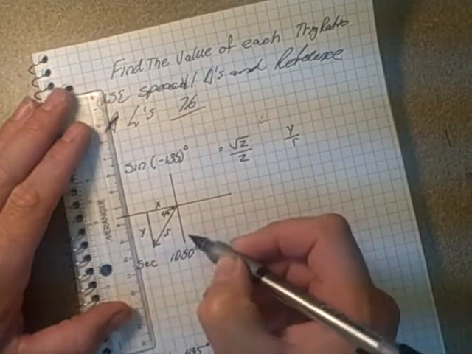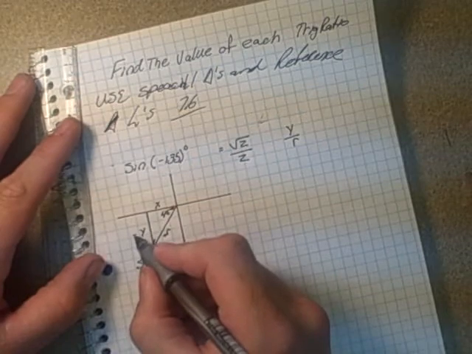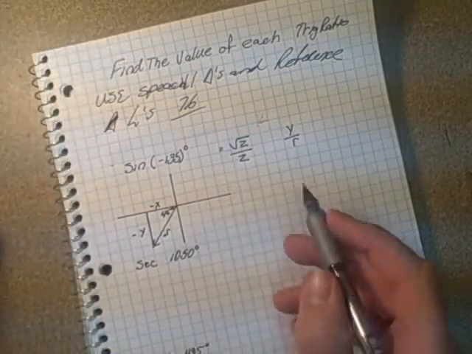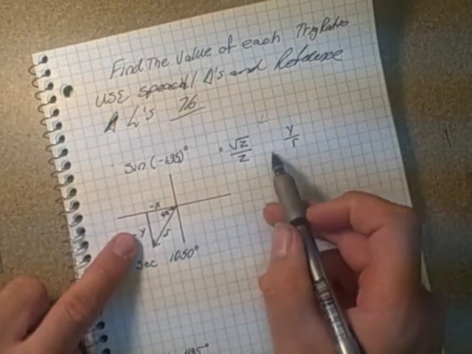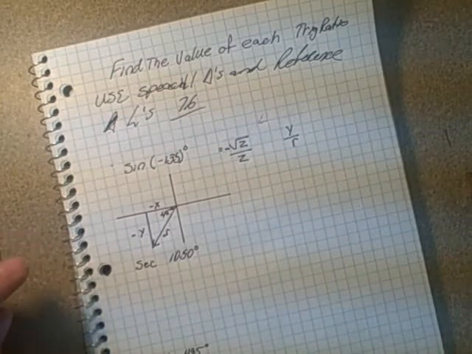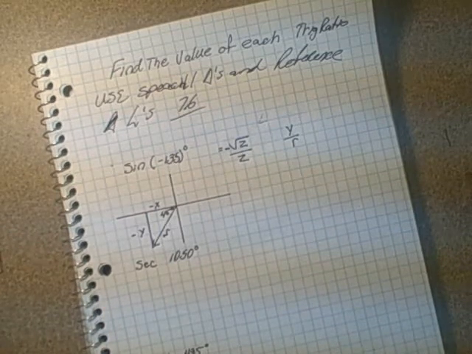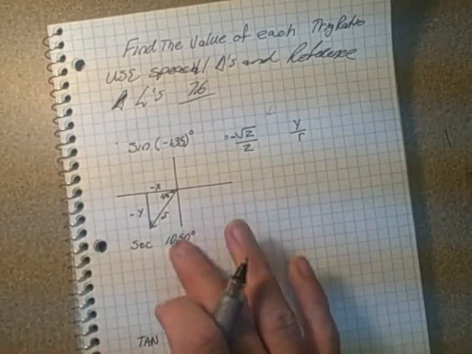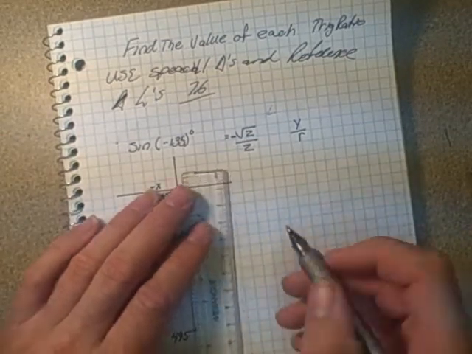R is always positive in this case. Y in this case is negative, it goes down, and x is also negative. So it would be negative y over r, so this should be a negative value. So that's how you always have to be careful and analyze the sign of your trigonometric ratio based on what quadrant it is, and be careful with that.